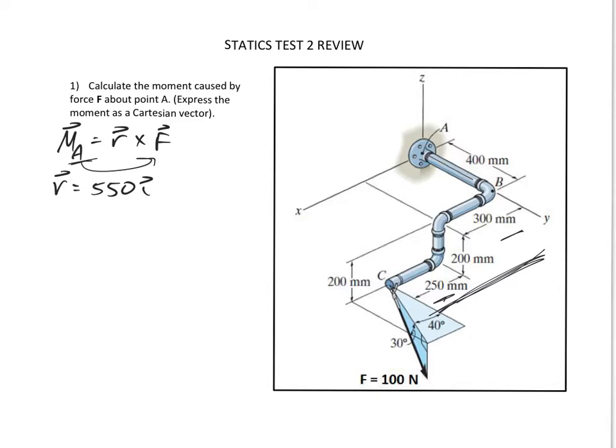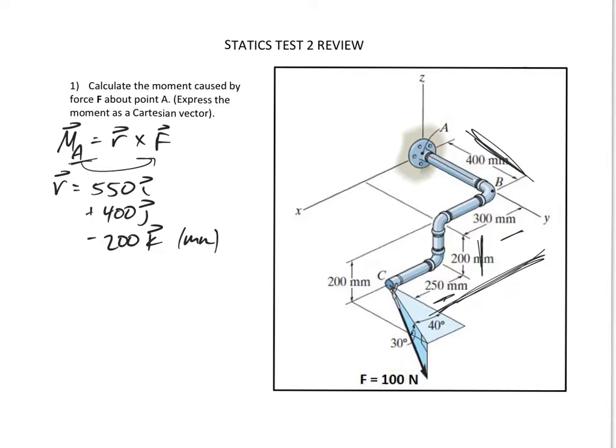How far does it go in Y? 400 right here, plus 400 J. And how far does it go in K? It goes down this 200, so minus 200 K. That's the position vector. That does have units of millimeters.